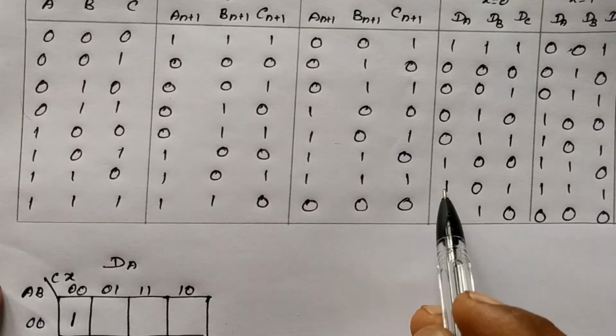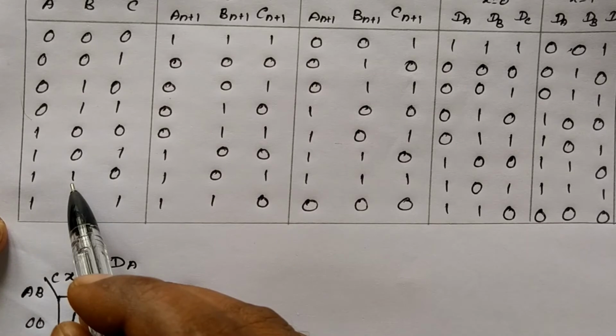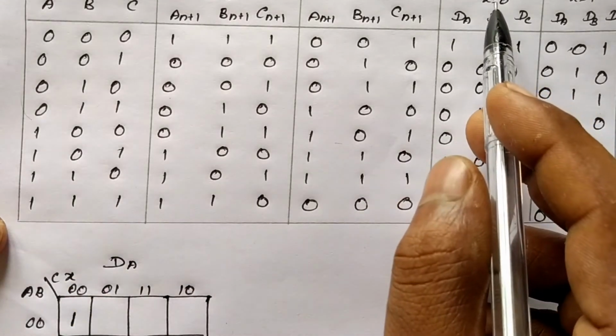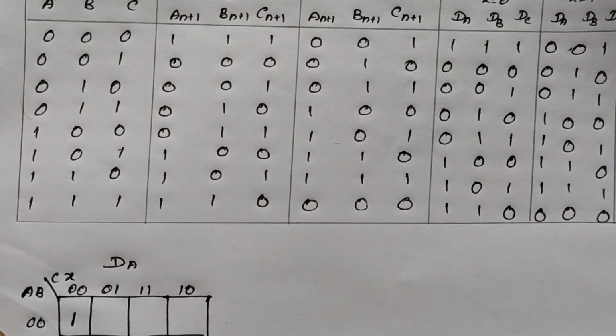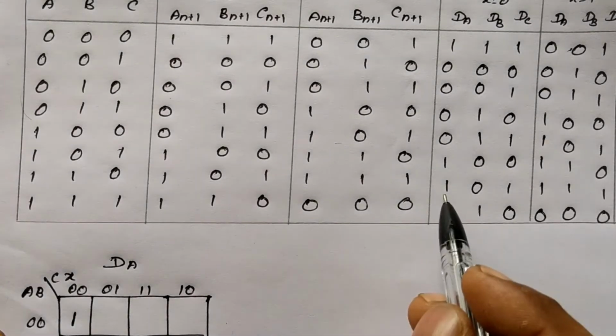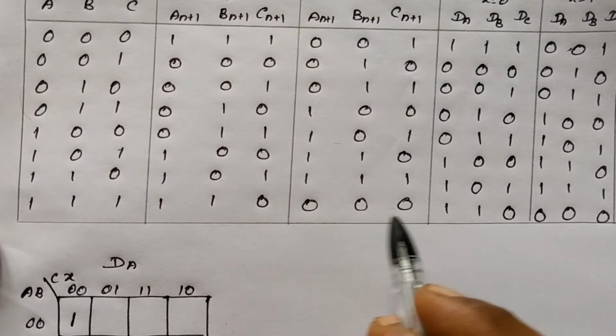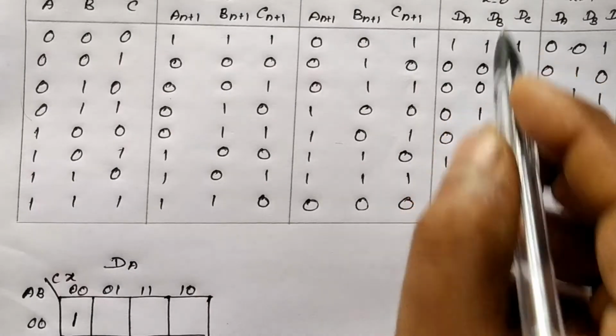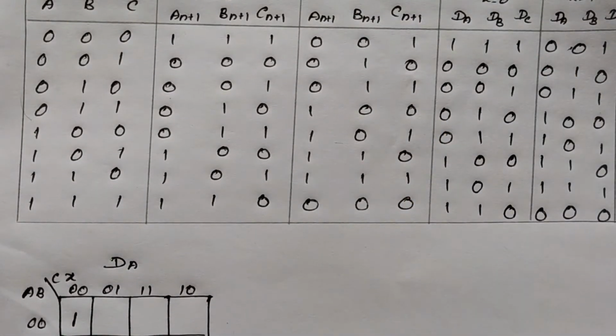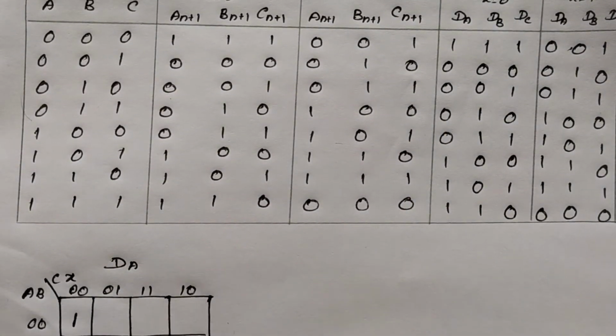Likewise, respective present state is 1, 1, 0 and input 0, we are having 1. Likewise, present state is 1, 1, 1 and input 0. Here we are having the value 1.